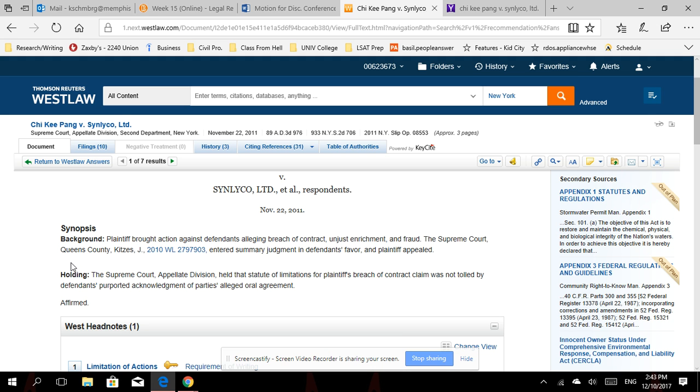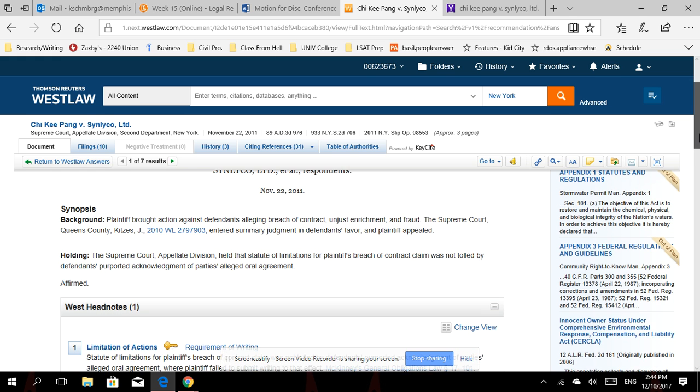The Supreme Court, Queens County, granted summary judgment in defendants' favor, and plaintiff appealed, which is why it was brought to the Appellate Division, Supreme Court, Second Department in New York. The Appellate Division held that the statute of limitations for plaintiff's breach of contract claim was not tolled by defendants' purported acknowledgement of the parties' alleged oral agreement, and it was affirmed, which basically means that the Appellate Division agreed with the state court that this case was rightly decided.